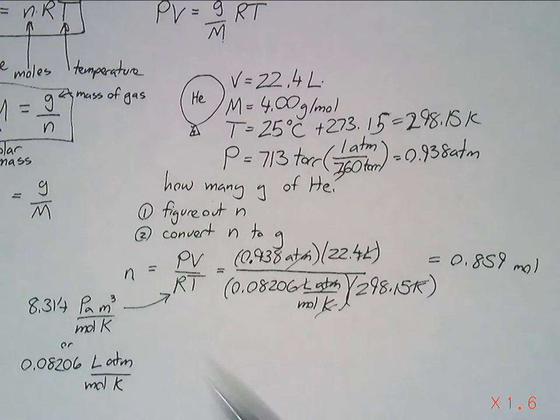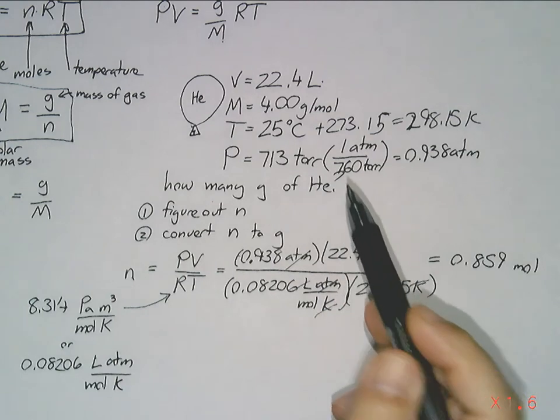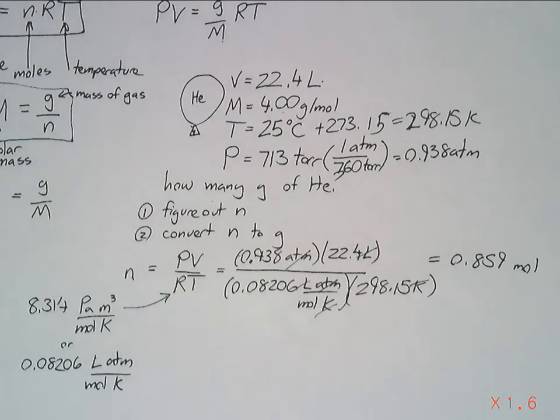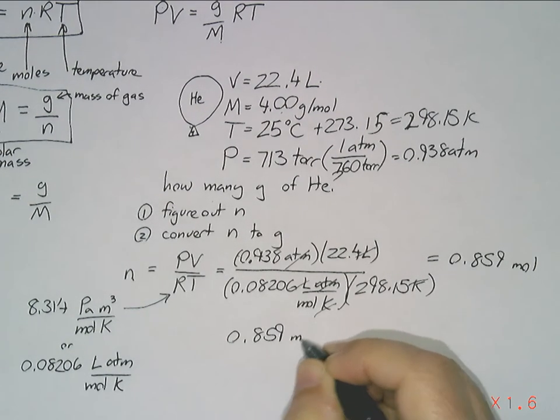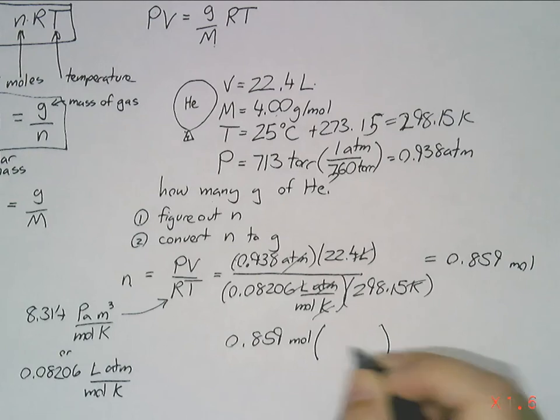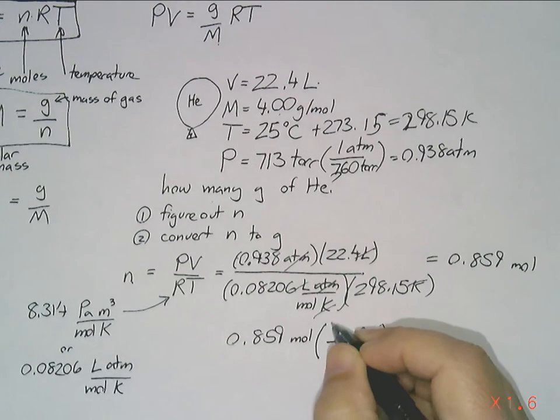Okay, now step 2, convert moles to grams. Well, it's helium, so I know what its mole mass is going to be. It's about 4 grams per mole. So 0.859 moles. I need moles on the bottom and grams on the top.